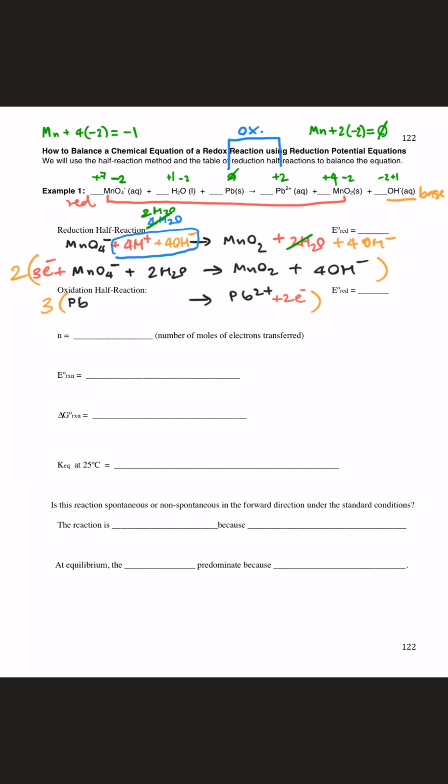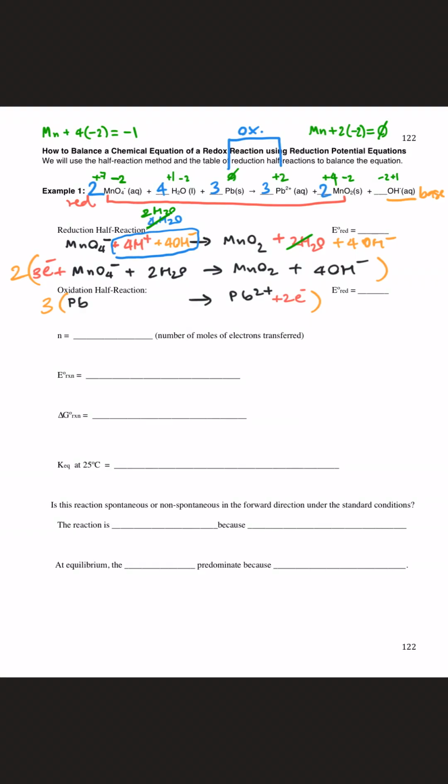If you do that, you are going to obtain the coefficient for manganese oxide to be 2, for water would be 4, for lead would be 3, lead 2 plus would be 3, manganese 2 would be 2.